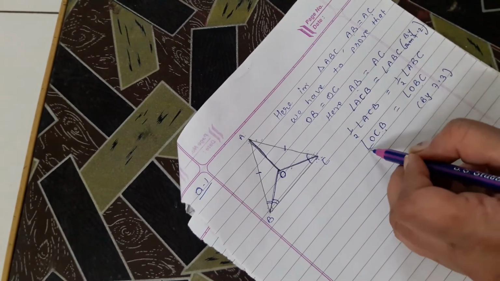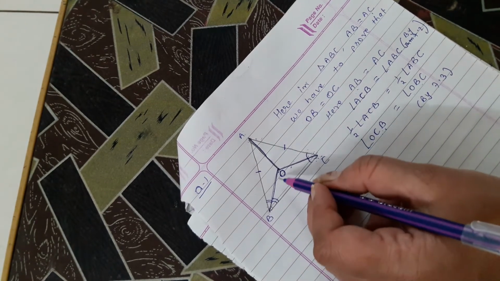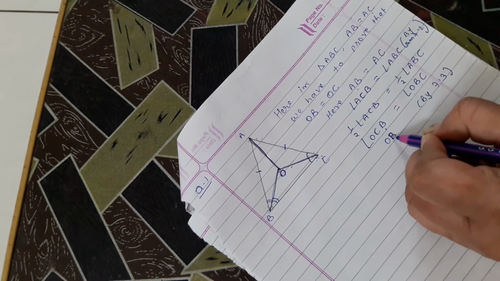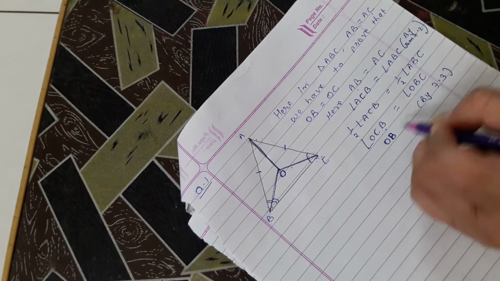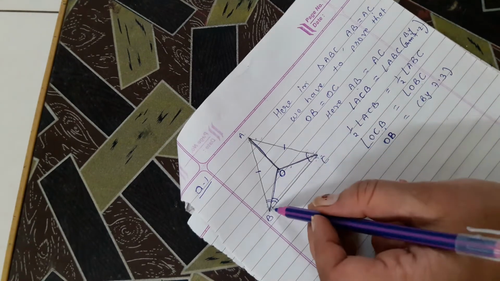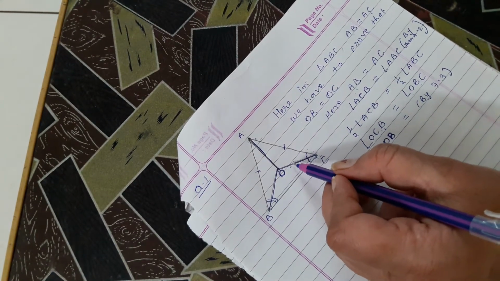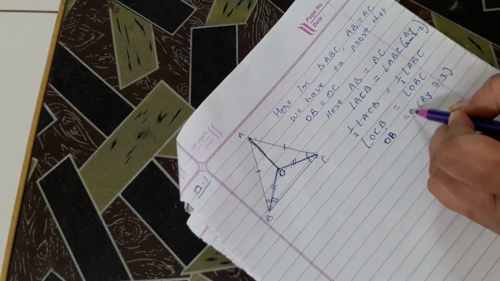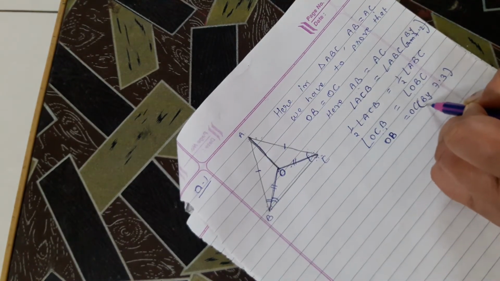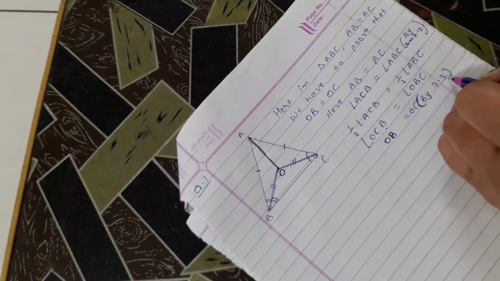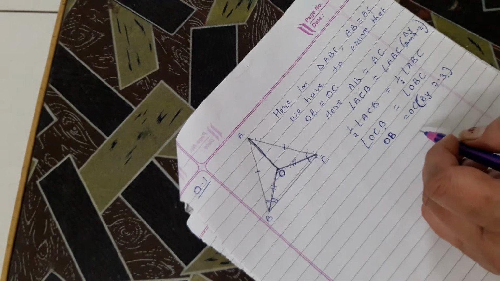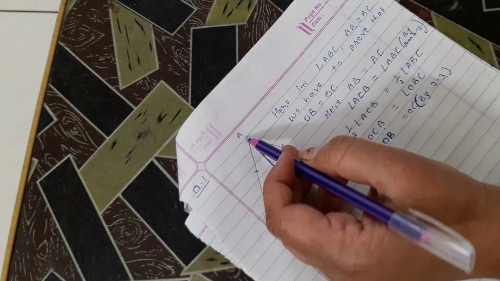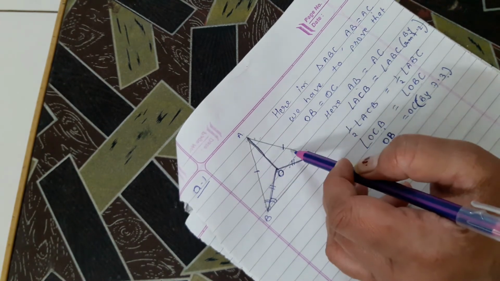Angle OCB has opposite side OB, and angle OBC has opposite side OC. So OB equal to OC by theorem 7.3.